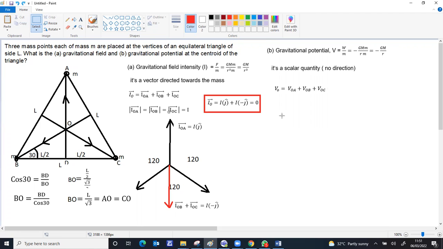So the potential at O is the sum of the potential at O due to A, at O due to B, at O due to C. Substitute for each one minus G m by R. R is the distance from A to O for the first one, B to O for the second, C to O for the third, and all three are the same.